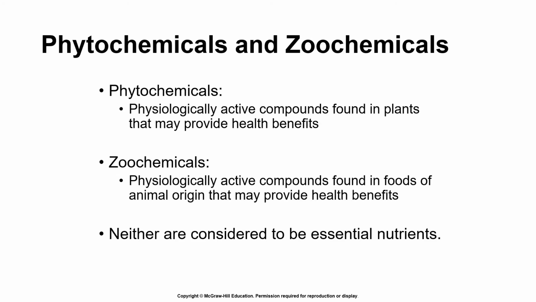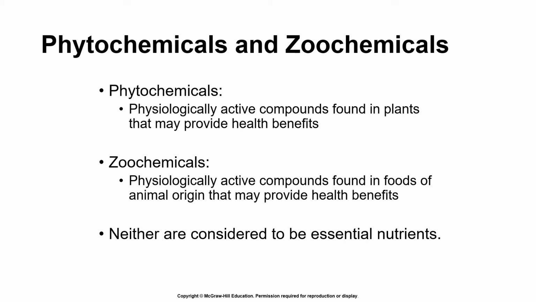Another category of substances that is important to diet but not essential nutrients are the phytochemicals and the zoochemicals. The phytochemicals are compounds that are found in plants and provide us with health benefits. The zoochemicals are likewise positive for our health and found in foods of animal origin.